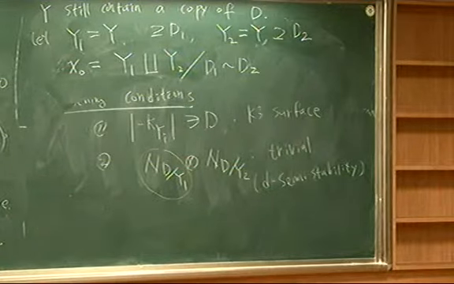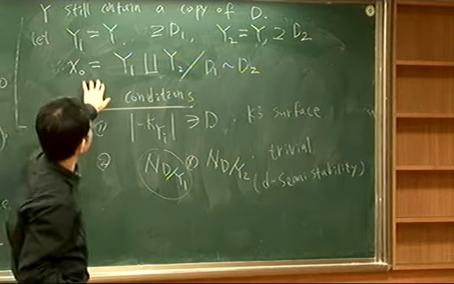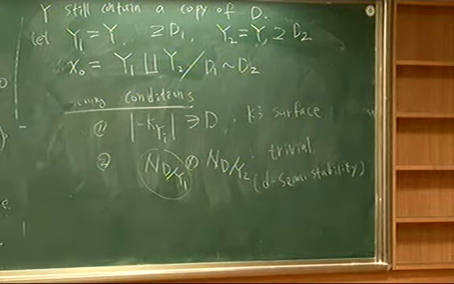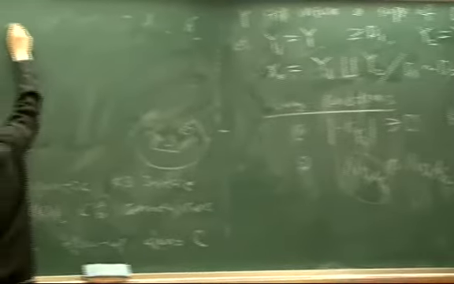With this theorem, you can smooth this thing to some Calabi-Yau threefold. So X0 is smoothable to Xt.